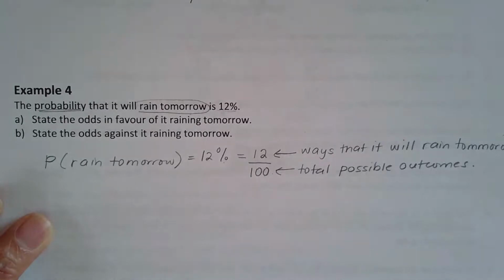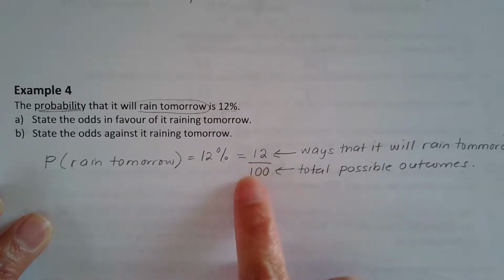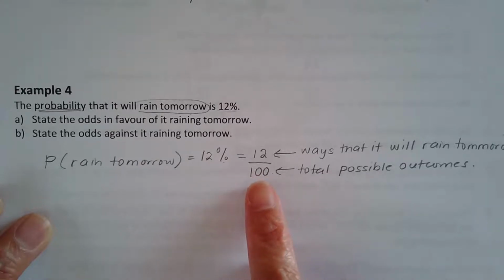So in this particular case, if this is the total possible outcomes, this 100 also includes raining and not raining.